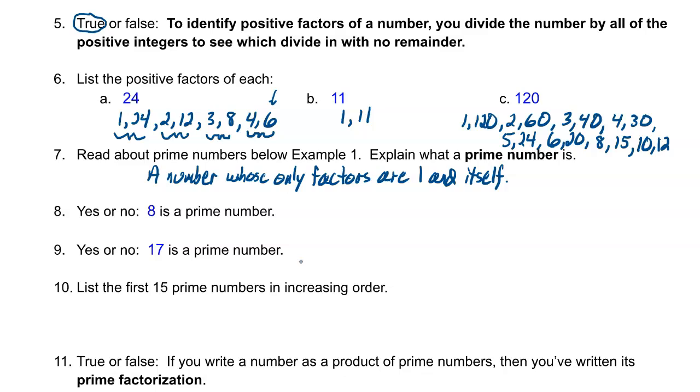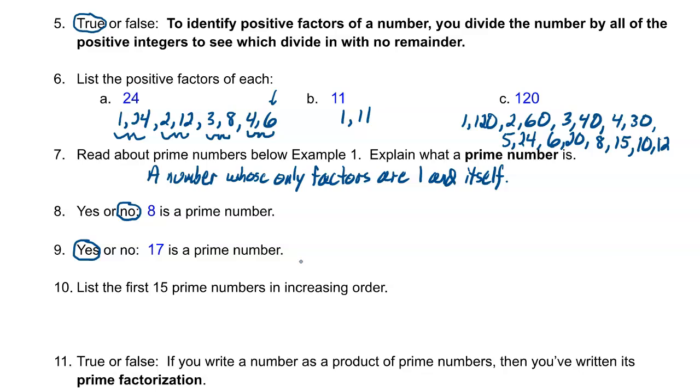Does 8 divide only by 1 and 8, or is there another number that divides evenly into 8? The answer is no. 8 is not a prime number because it's also divisible by 2 and by 4. Number 9, is 17 a prime number? Yes. 17 is only evenly divisible by 1 and itself.